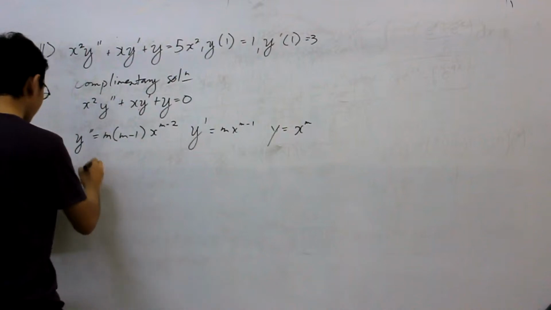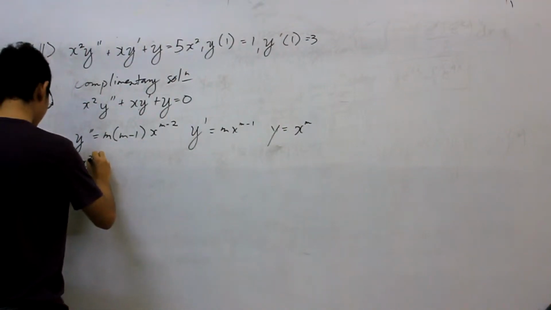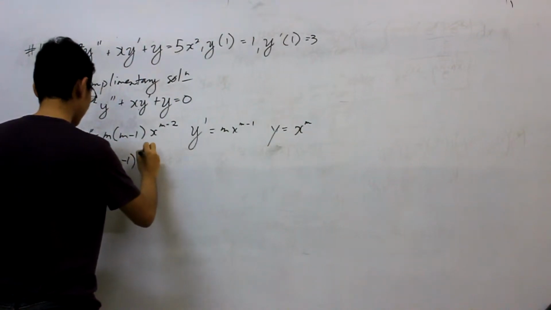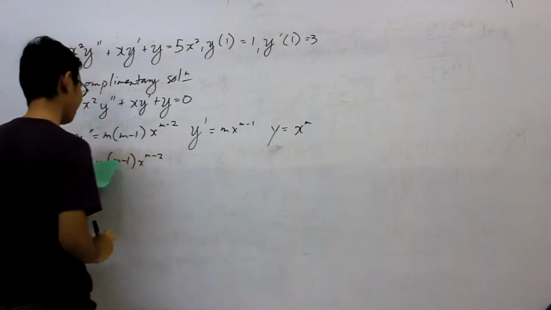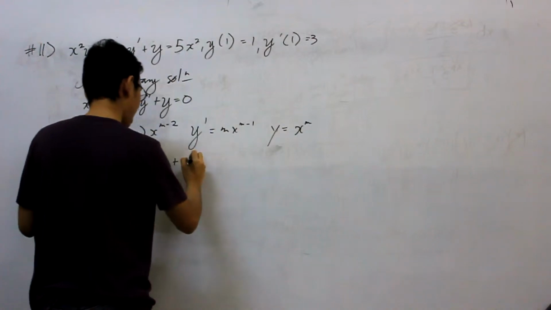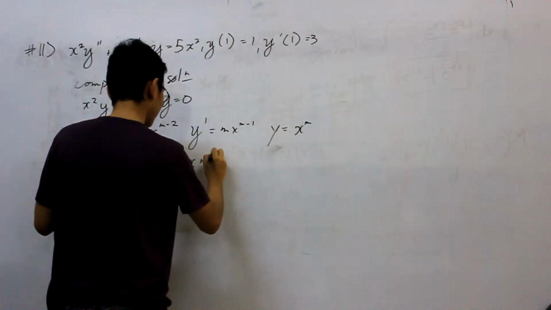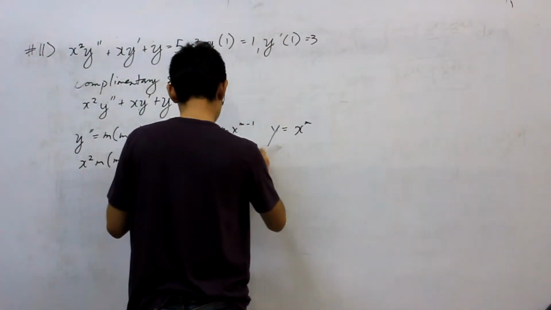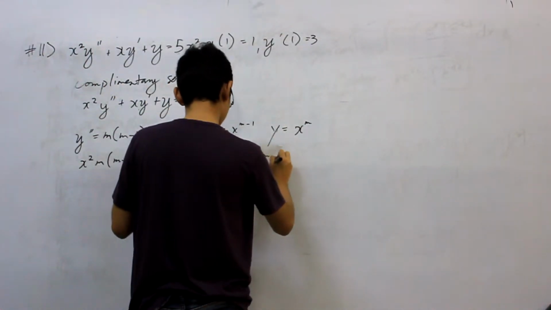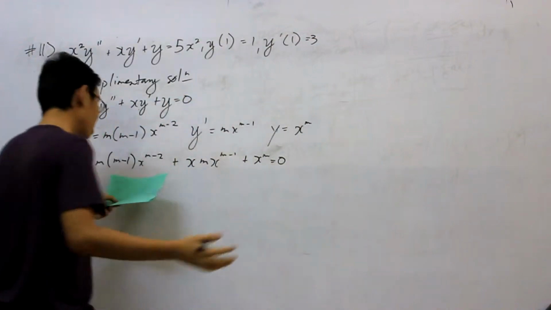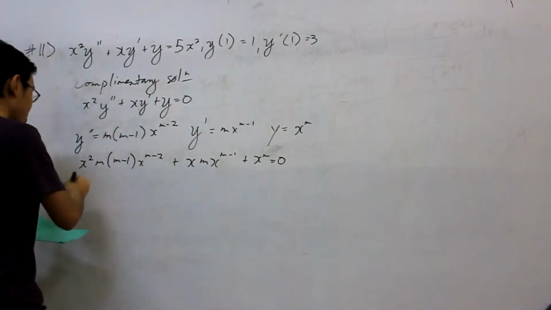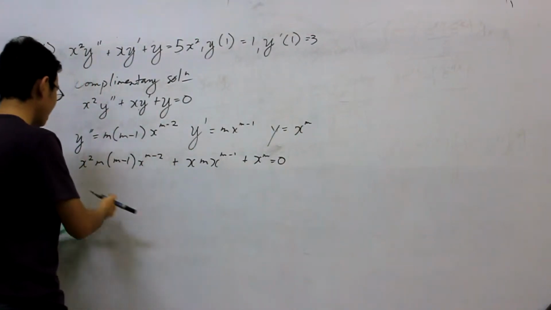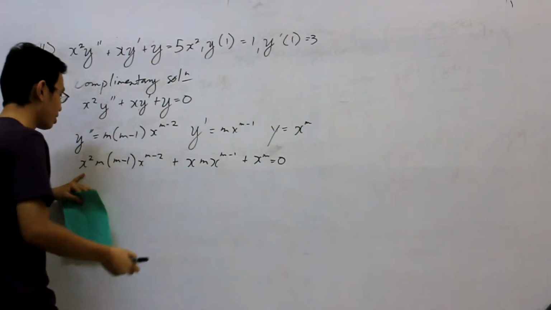So we have x squared times m(m minus 1) x raised to the power m minus 2 plus x times m x raised to the power m minus 1 plus x raised to the power m is equal to 0. Then we simplify. This x raised to the power negative 2 is cancelable with x squared, and we can also cancel the x here.